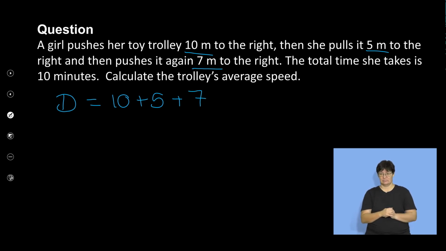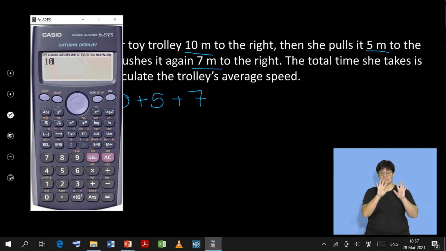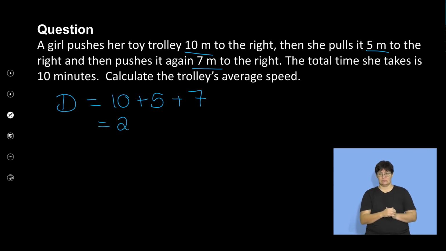So let's add those together. 10 plus 5 plus 7 is 22. She went 22 meters. I'm calculating speed. Direction doesn't matter, okay?